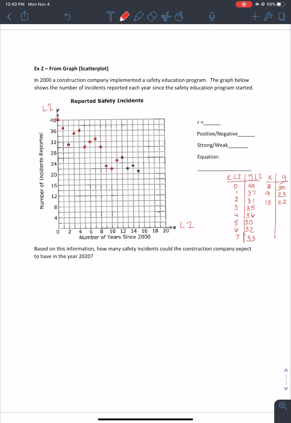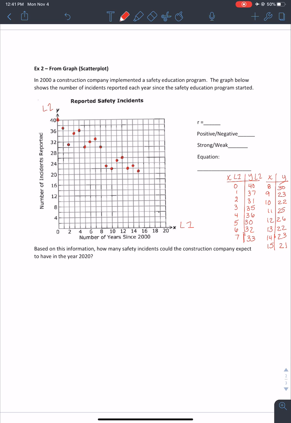X of 11 and a Y of 25. X of 12 and a Y of 26. X of 13 and Y of 22. X is 14, y is 23. And this last point, x is 15, and y is 21.